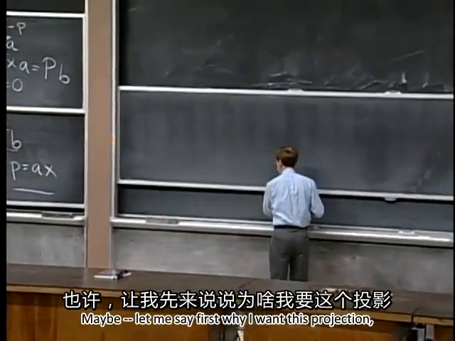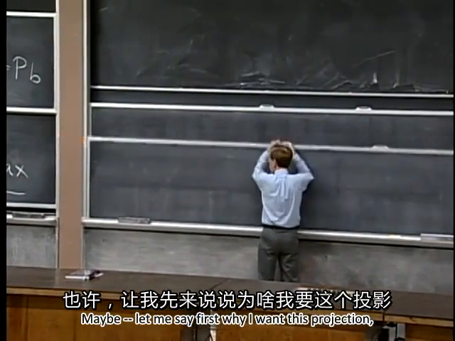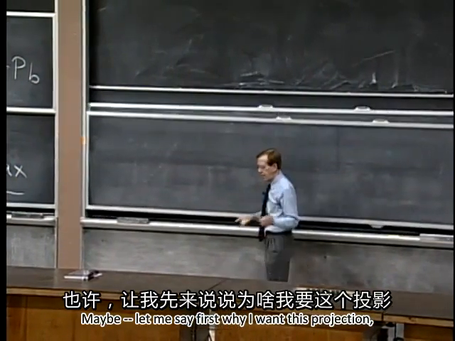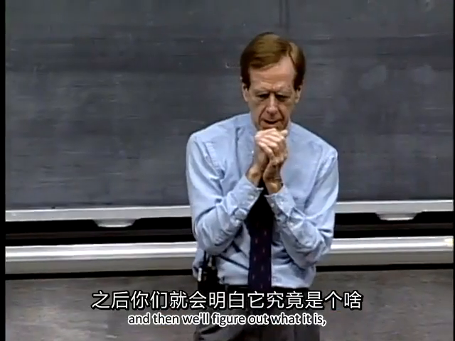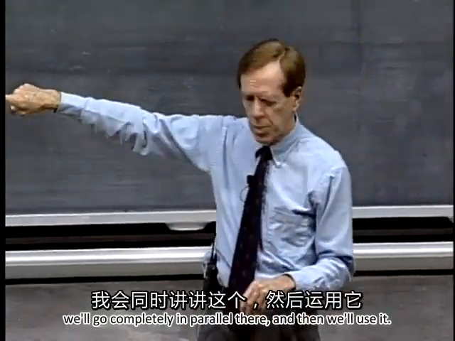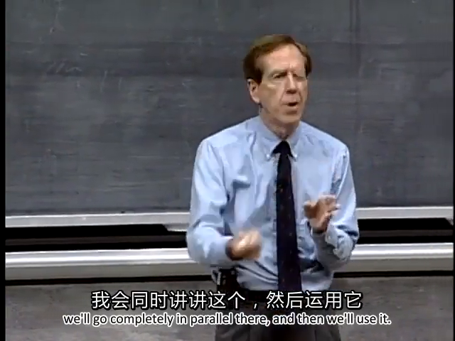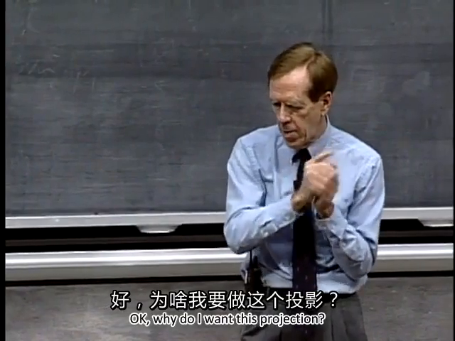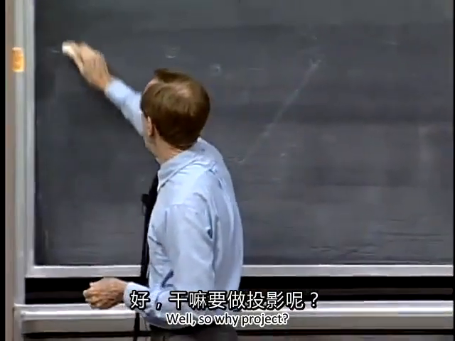Maybe I'll say first why I want this projection, and then we'll figure out what it is. We'll go completely in parallel there, and then we'll use it. Okay, why do I want this projection? Well, why project?